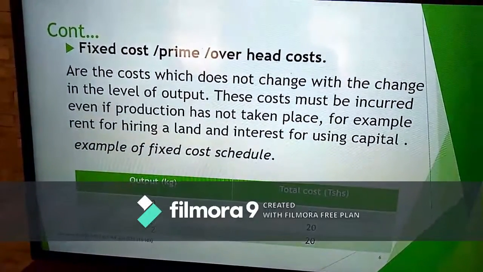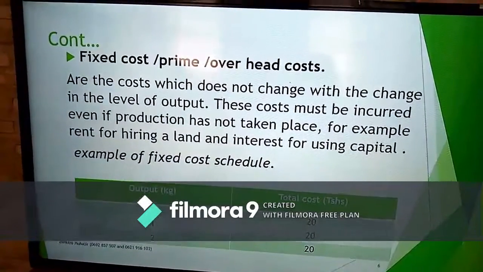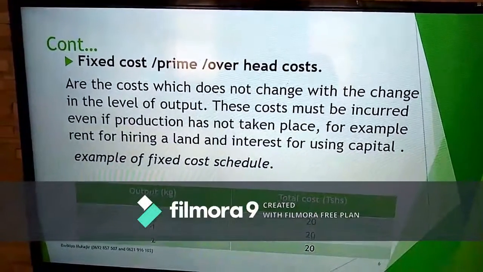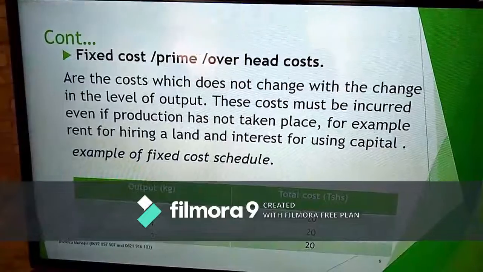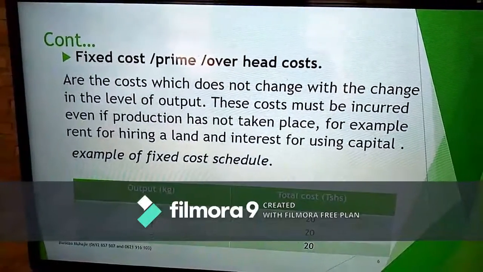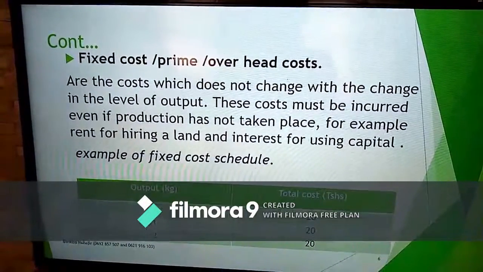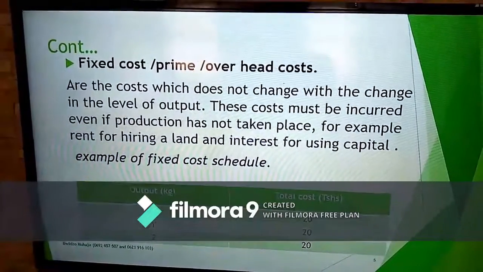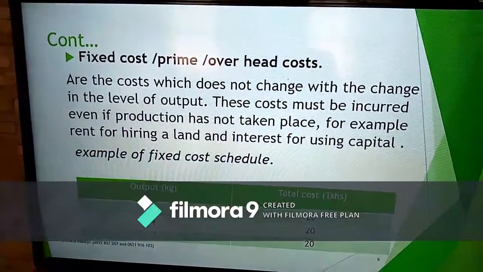Now, what is the fixed cost? The fixed cost, sometimes prime or overhead costs, are the costs which do not change with the change in the level of output. These costs must be incurred even when the production has not taken place.